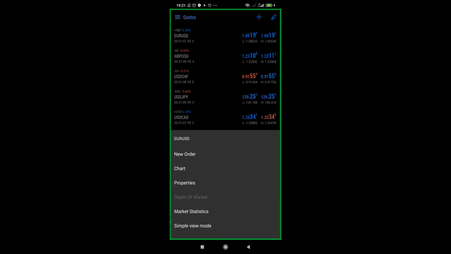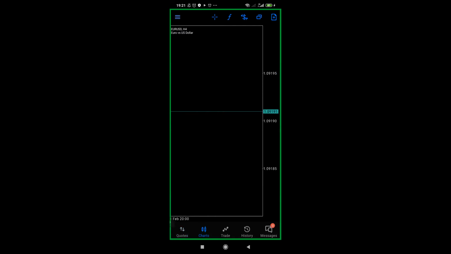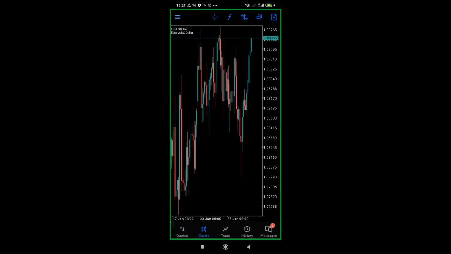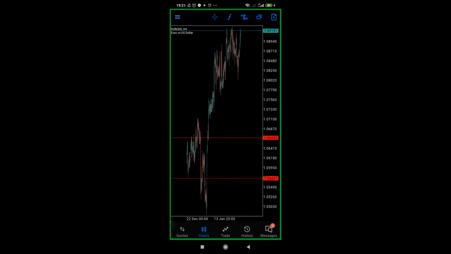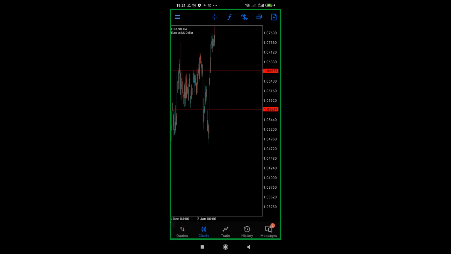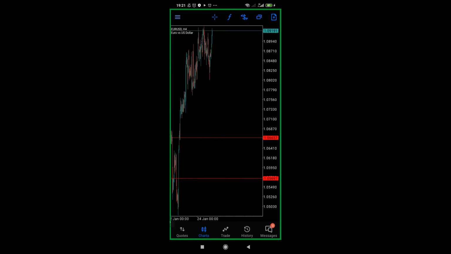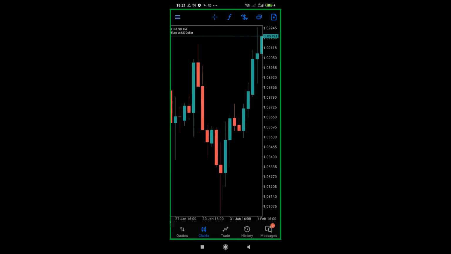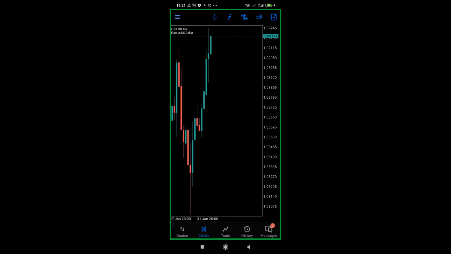When you tap on Euro USD, you see new order, charts, properties, and the likes. When I click on charts, I'll see exactly what's going on, just like what we saw on the PC. I'll see candlesticks giving me a representation of what price is doing.